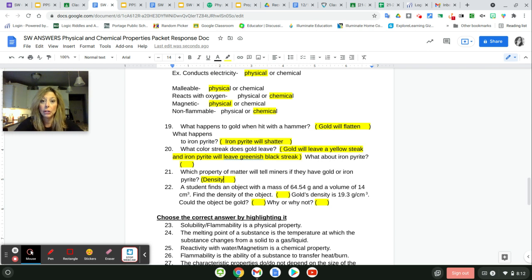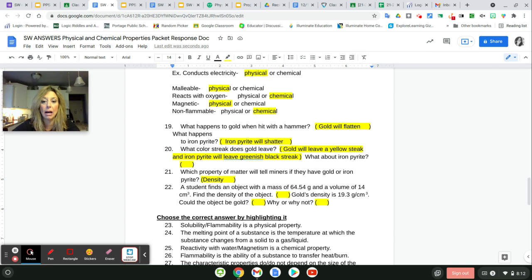Okay, we've learned that mass divided by volume is the density formula. So the mass, if you're going to put this into a calculator, you type that in first. So its mass is 65.54.